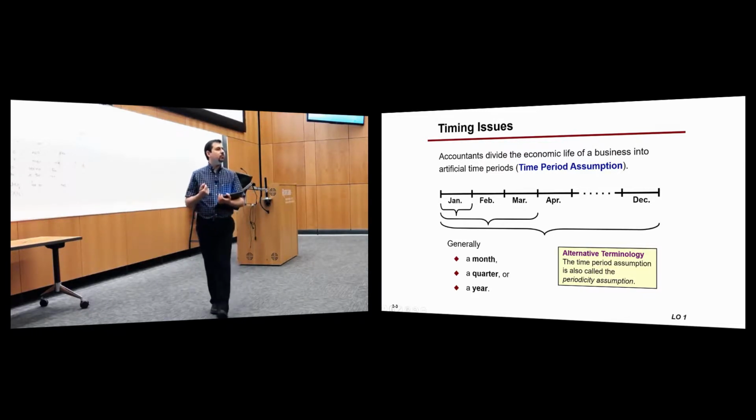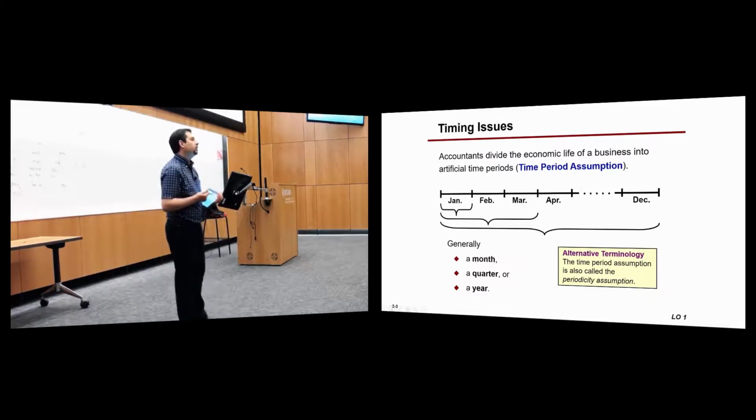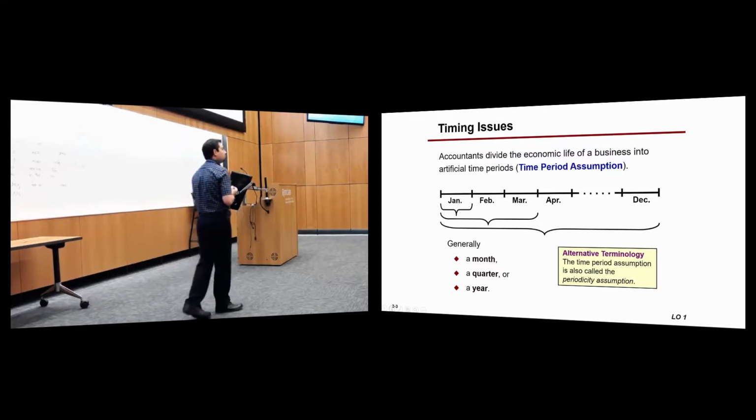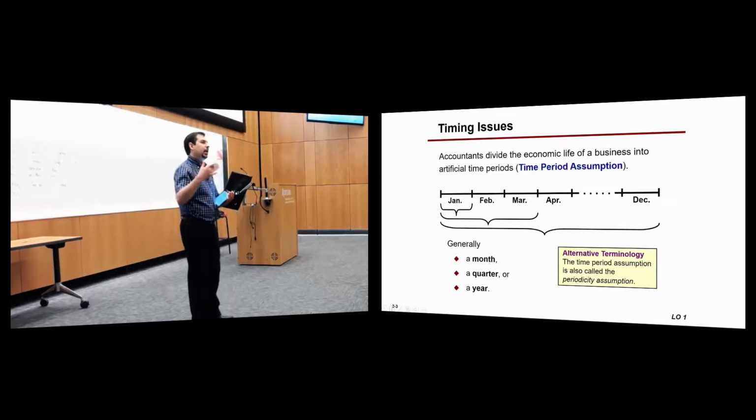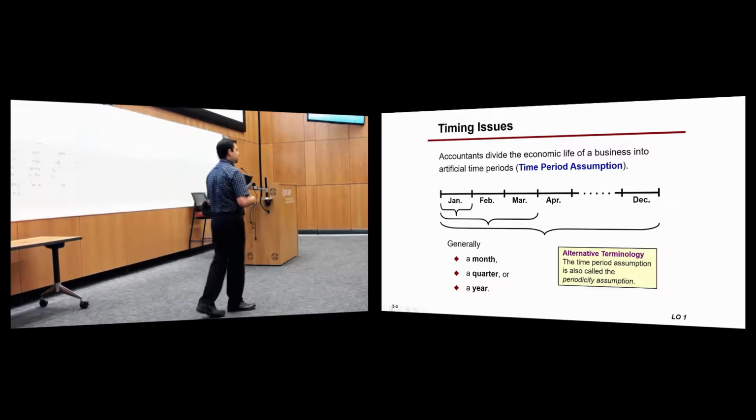This is why accountants came up with this idea of time period assumptions. So they break the life of the company, which, as you remember, most of the time has an indefinite lifetime until it goes bankrupt, or is purchased by someone else and dissolved, liquidated.